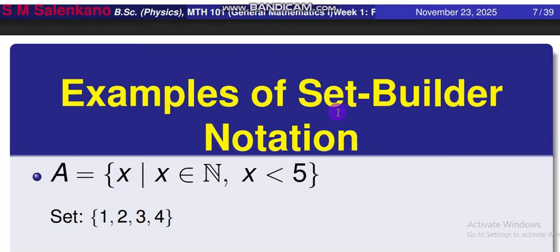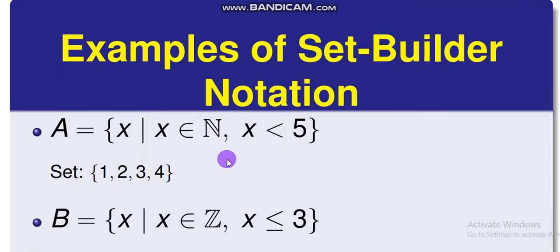Examples of set builder notation. So we will see examples here. Here we have A is equal to, then we open the curly bracket, and then we mention the variable. Our variable is X. Then we write this vertical line, and then we write the conditions. You can have more than one condition, okay?